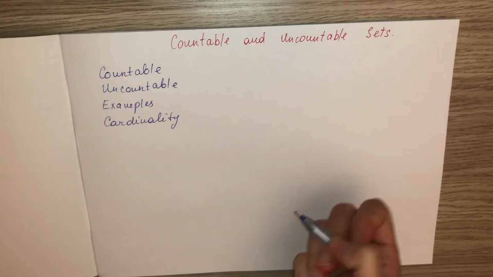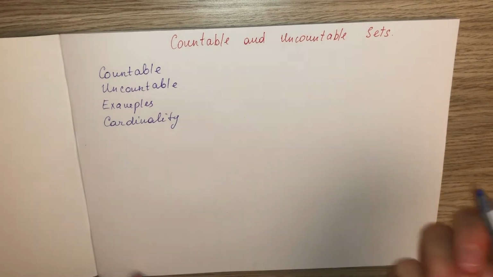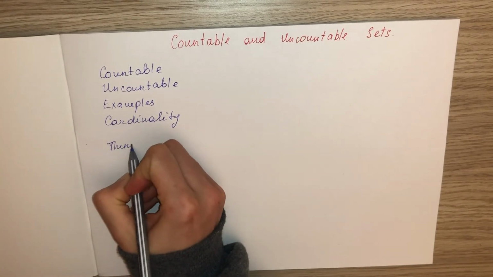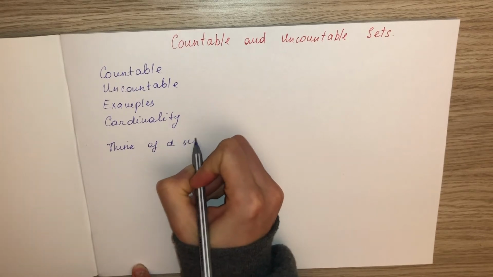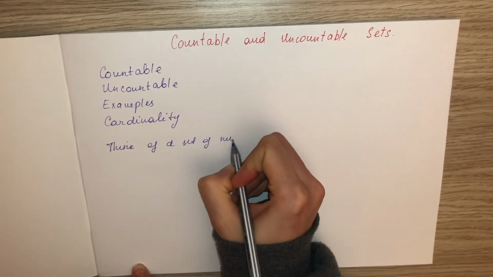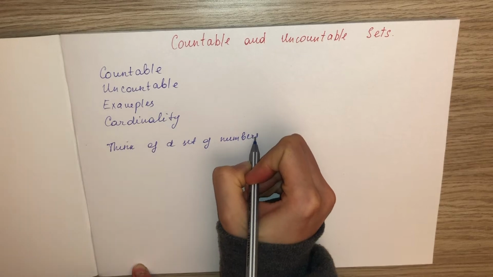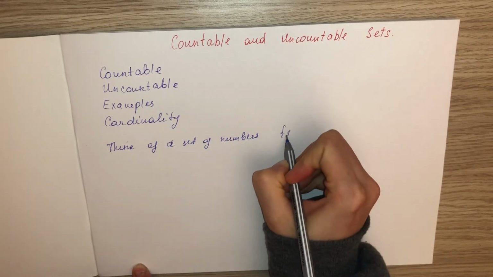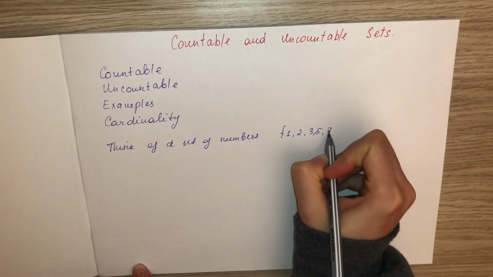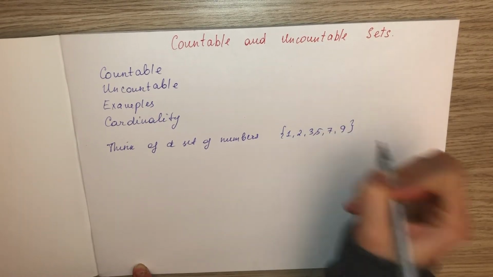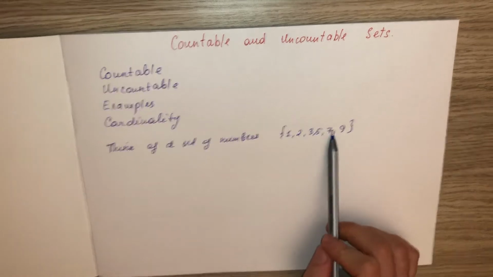So, firstly let's start. Think of a set of numbers: 1, 2, 3, 5, 7, 9. Okay, this is our set.